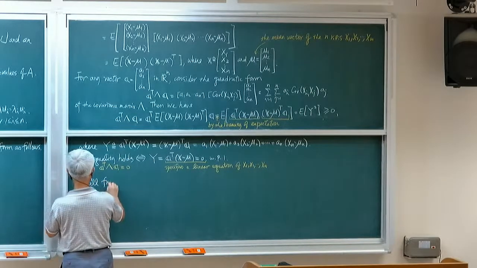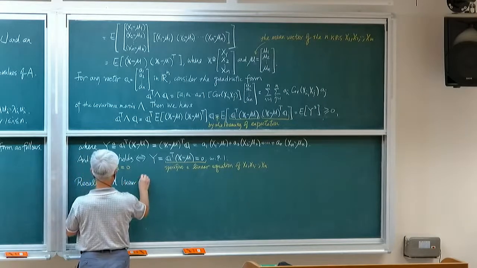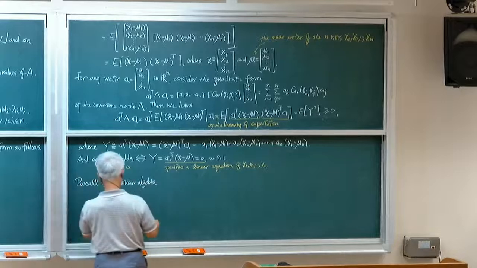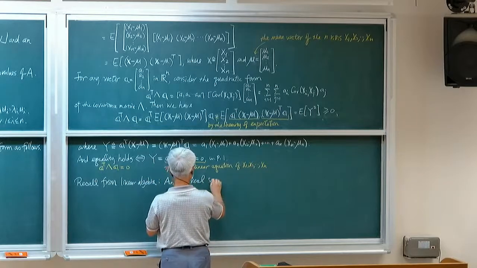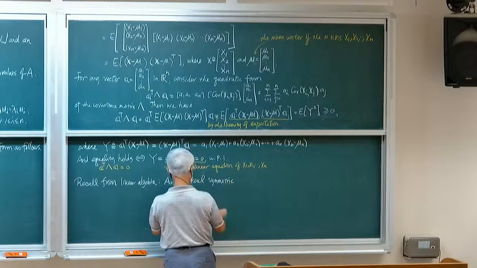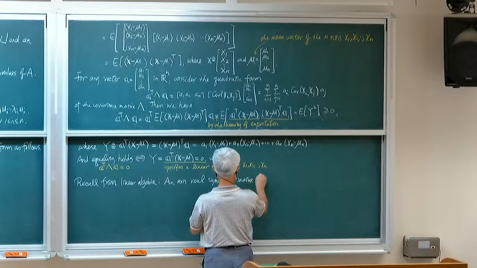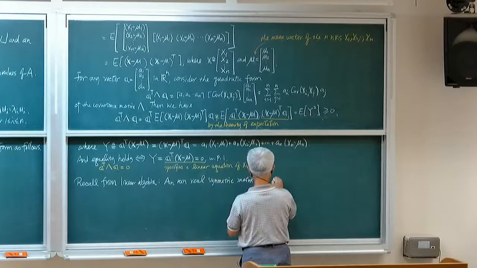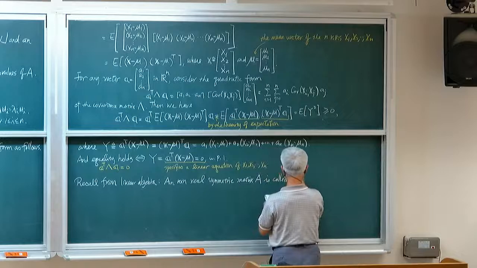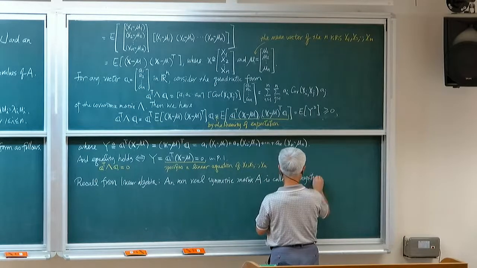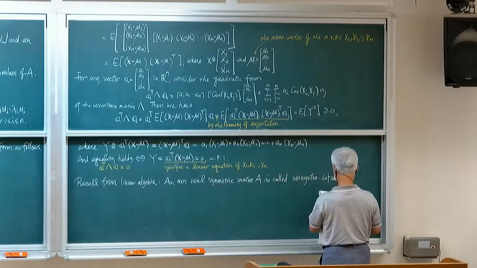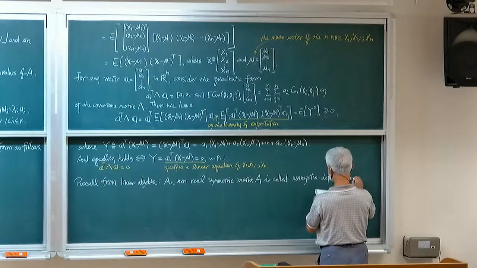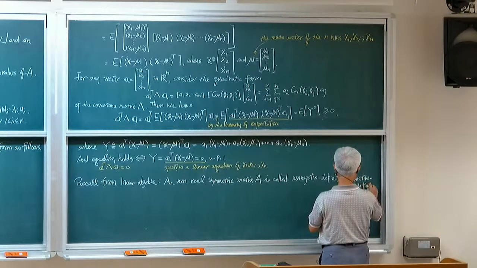So recall from linear algebra, an n times n real symmetric matrix A is called non-negative definite or non-positive definite.